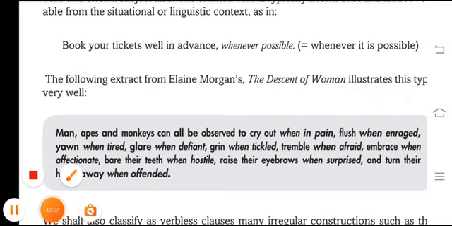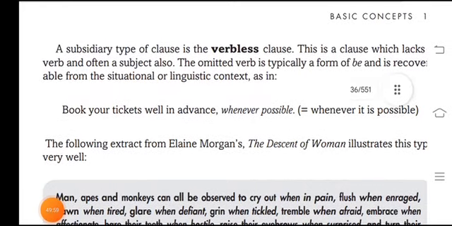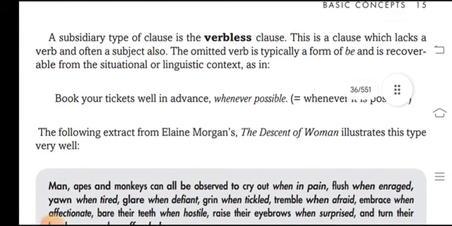The subordinate type of clause is the verbless clause, and this is a clause which lacks a verb and often a subject.